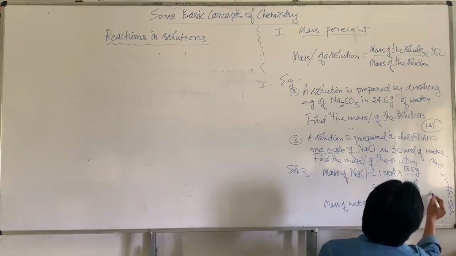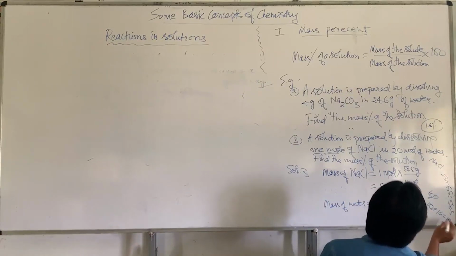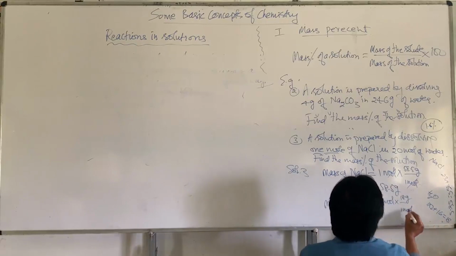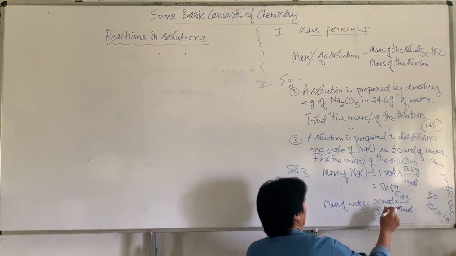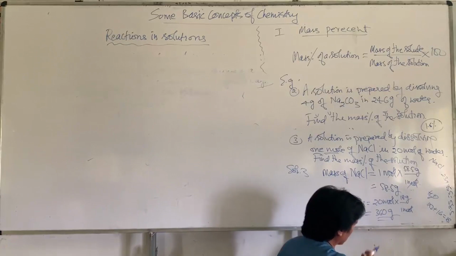If you remember, H2O has 2 atoms of hydrogen, that is 1 into 2, plus oxygen, which is 16. So 2 plus 16 is 18. Mole and mole get cancelled, so this is equal to 360 grams. This becomes the mass of water.